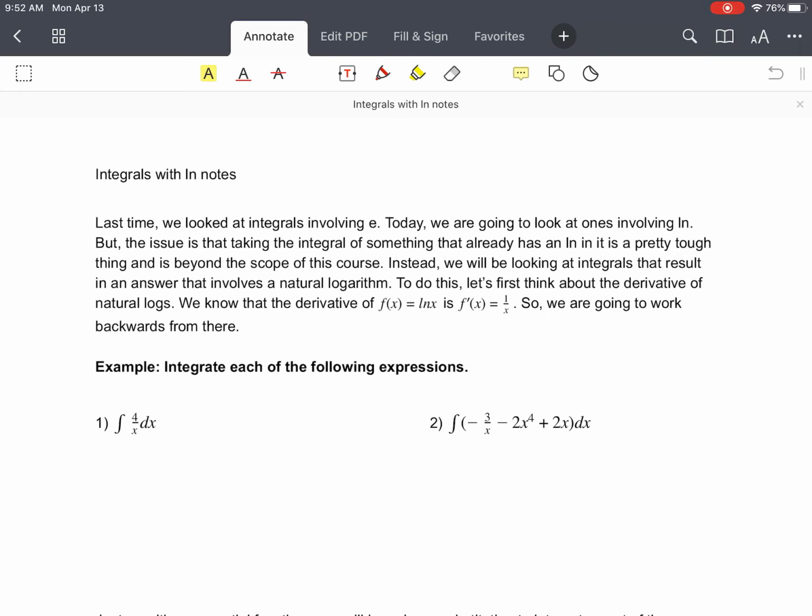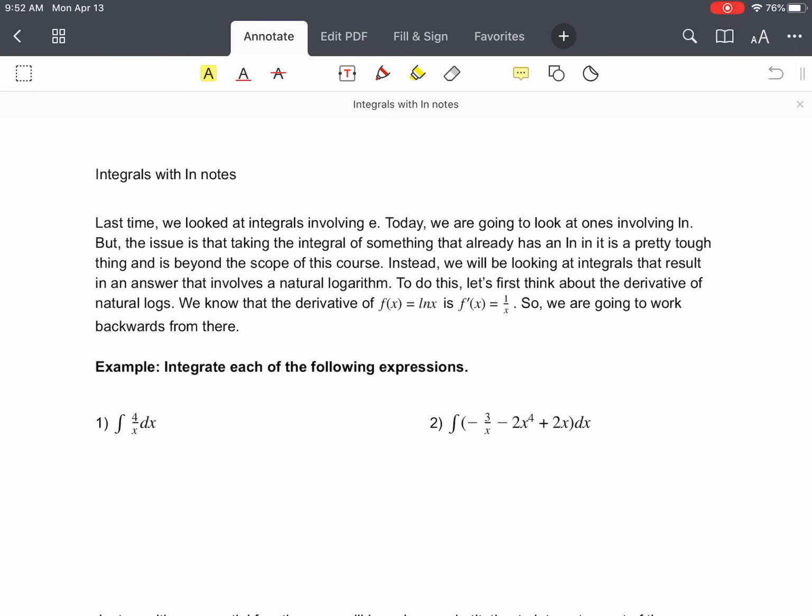Last week, maybe the week before, we learned that the derivative of ln x is 1 over x, therefore the integral of 1 over x is ln x. Last time, we looked at integrals that had e's in them already.